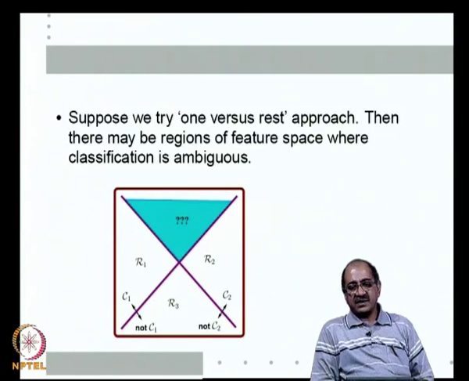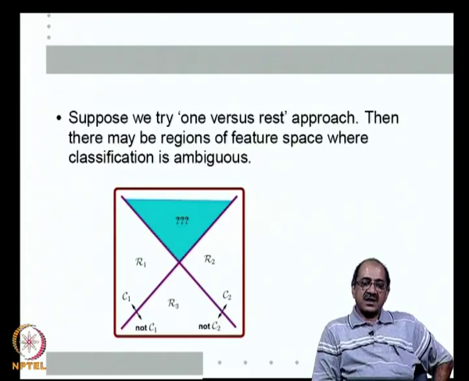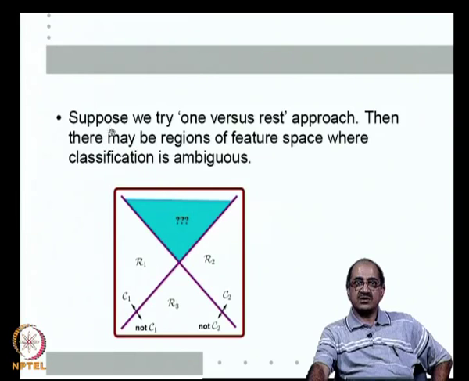Intuitively, if I learn C1 versus not C1 and C2 versus not C2, I give a new x to the C1 versus not C1 classifier, it says C1, and I give the same x to the C2 versus not C2 classifier, it says C2. Then should I take C1 or should I take C2? That is the issue. So, in particular, if I have this hyperplane I learned for C1 versus not C1, and this hyperplane I learned for C2 versus not C2, what happens here?